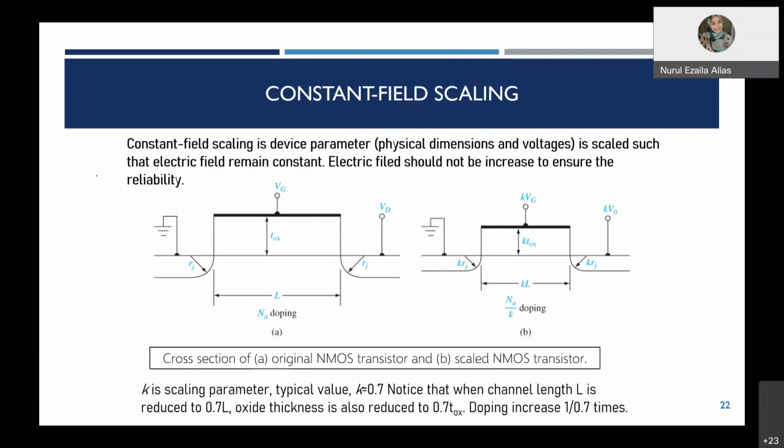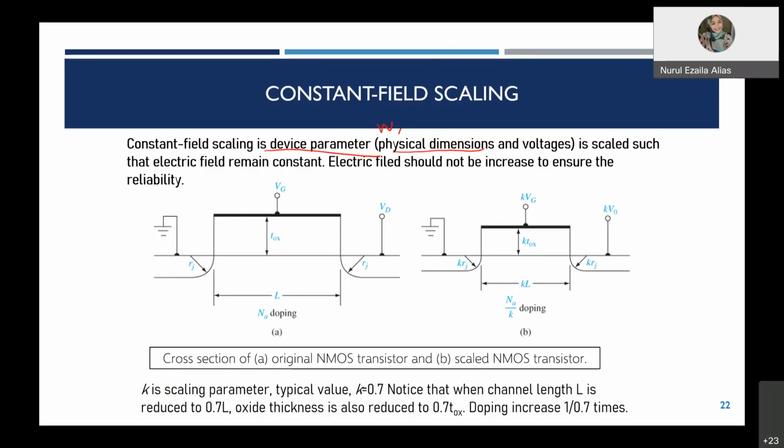Device parameters include the physical dimensions. For those who do FYP in microelectronics or on the device structure, the physical dimensions include W, the width, which has a value, for example 1 micrometer or 10 micrometer. L, the channel length, is also a physical dimension.